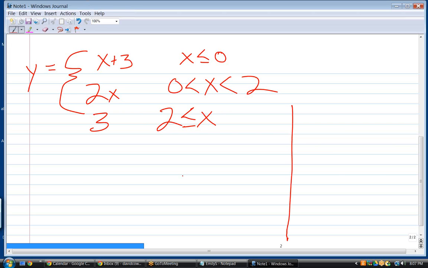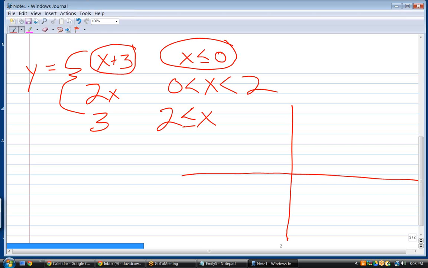Okay. Same thing. We're going to start with this domain. How do I draw the graph y equals x plus 3? Go to x equals 0, then you just go up 3. Well, we'll start with the y-intercept, which is 3.